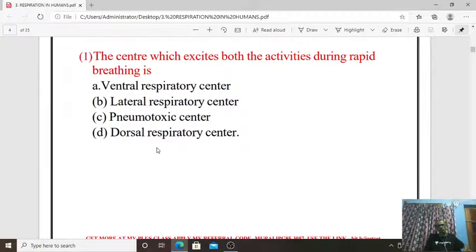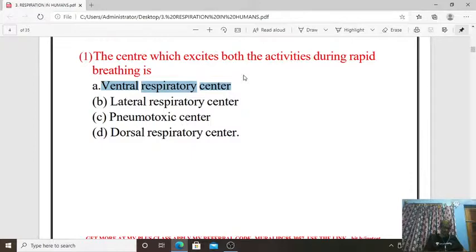In our brain, the respiratory center controls the involuntary functions, that is the rate of respiration. The answer is A, ventral respiratory center, which excites both the activities during rapid breathing. Both the activities means what?